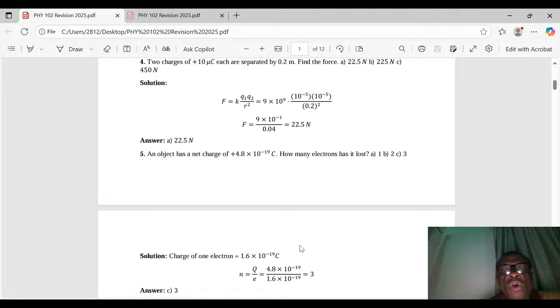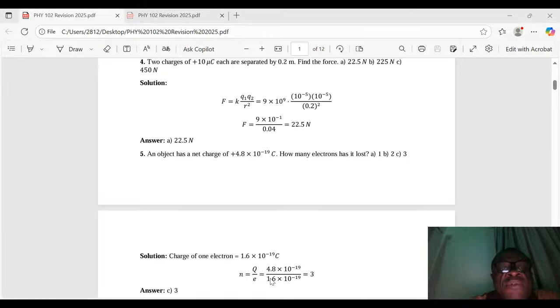Then number 4, 2 charges plus 10 microcoulomb each are separated by 0.2 meters. Find the force. So A 22.5 Newton, B 225 Newton, and C 450 Newton.